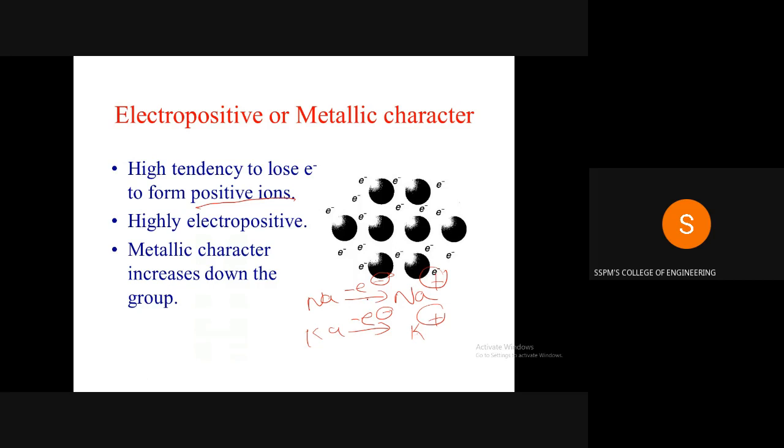So all alkali metals have a high tendency to lose electrons and convert into positive ions. Hence they are called highly electropositive and low electronegative. Then metallic character increases down the group.